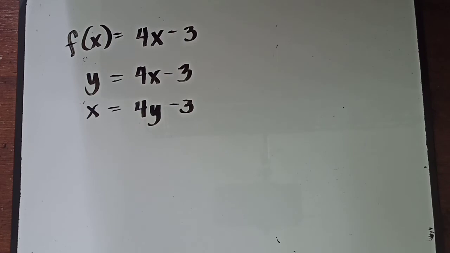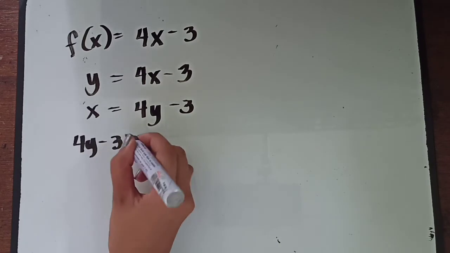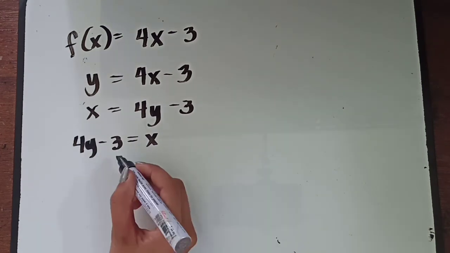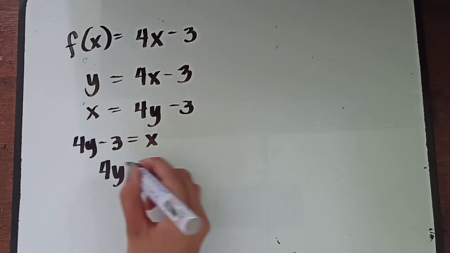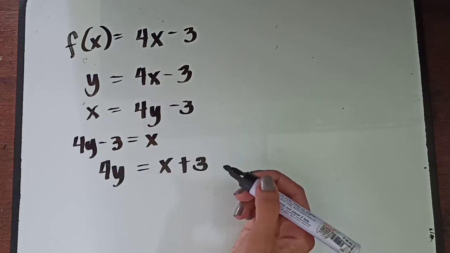Okay, so next step is, kailangan kong tanggalin lahat ng kasama ni y. So, solve for y in terms of x. Mag-start ako kay constant. So, from negative 3, it will become positive 3 or plus 3.